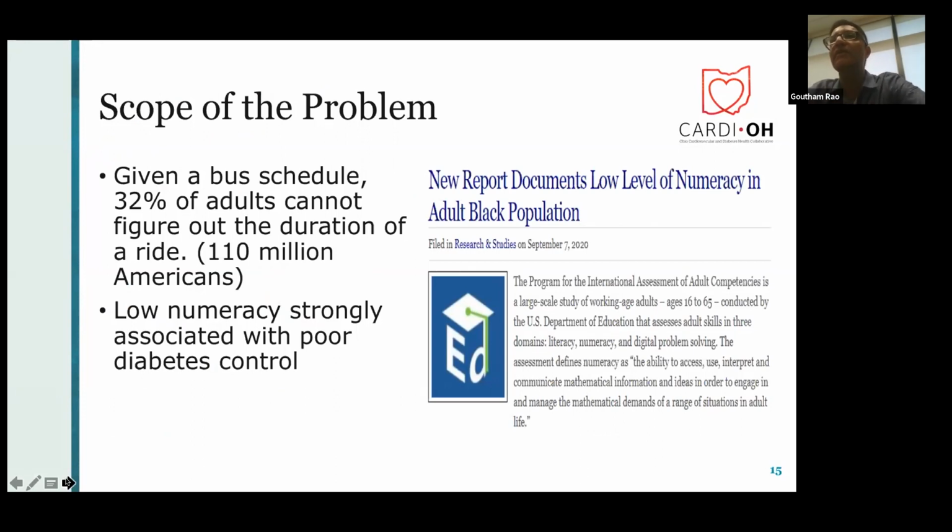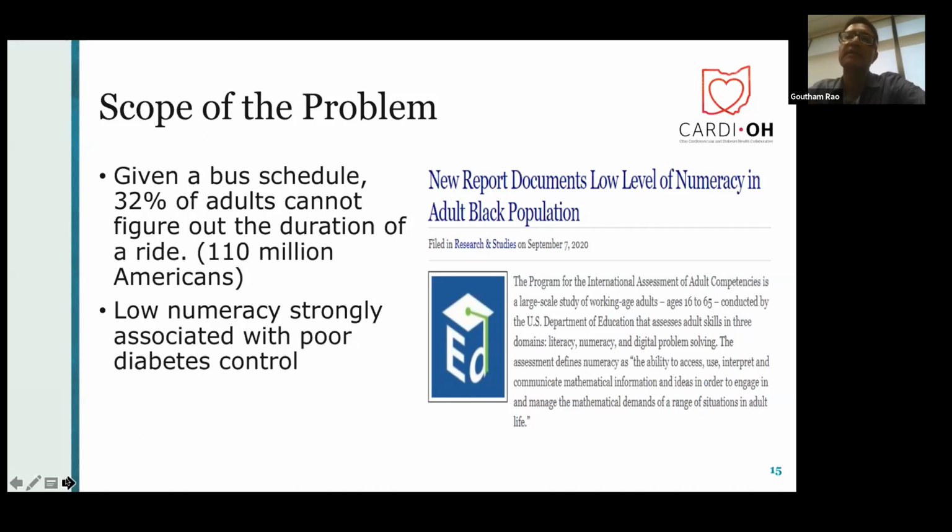They cannot figure out how long the total journey would be, for example. And that's 32% of adults in our society across the US population, 110 million Americans. So that says all economic classes, races, ethnicities.